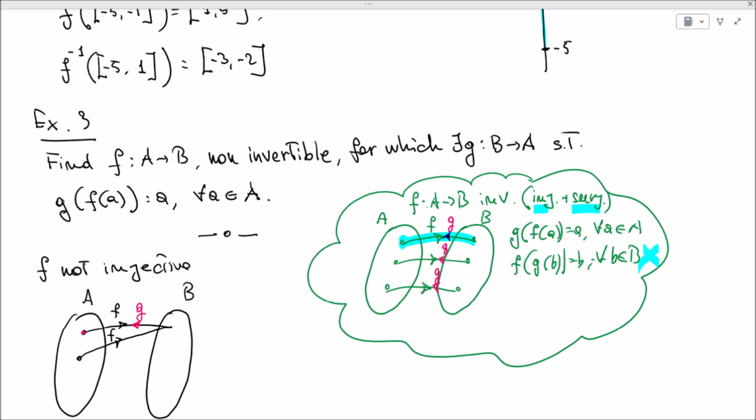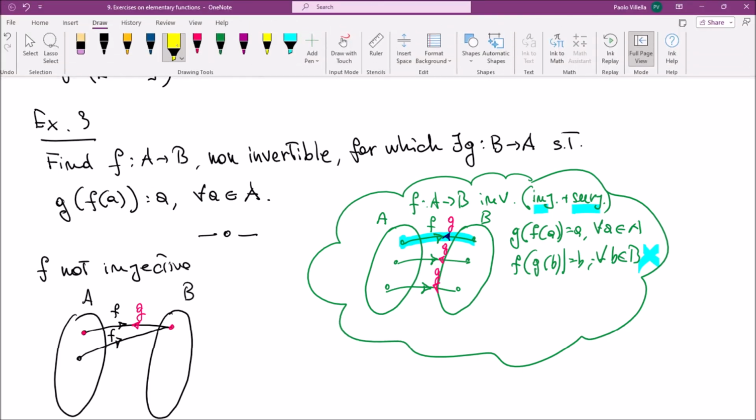So when we apply g to this element of B, we can reach only one of the two elements of A. So that means that there will be something in A that will never be reached by the function g. Which is impossible, because that is the original condition for g.